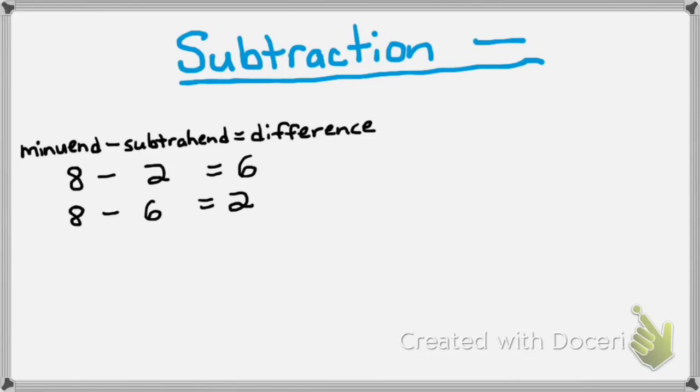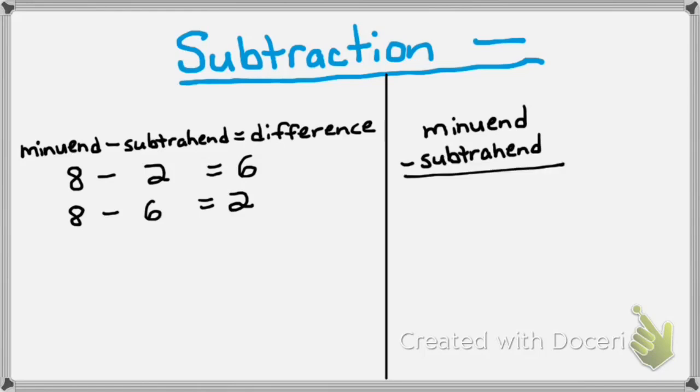I can also write a subtraction problem vertically, and that would look like this. Minuend, because that's always the first number in a subtraction problem, and it's usually the largest, minus subtrahend equal bar difference. So whether I write it horizontally or vertically, it's minuend minus subtrahend equals difference.